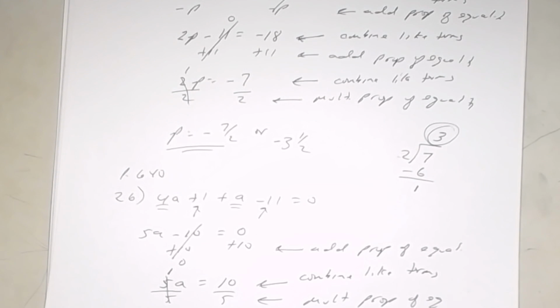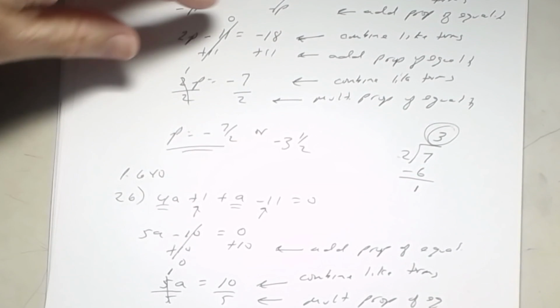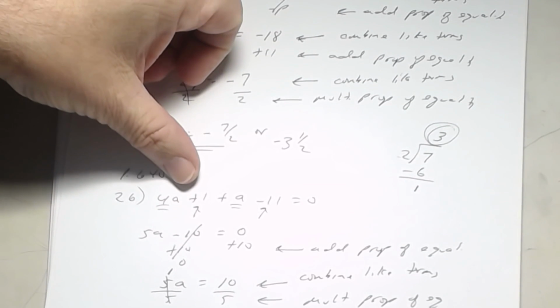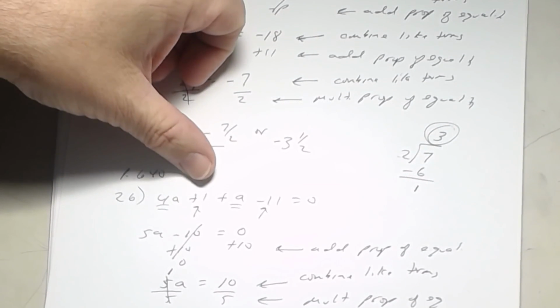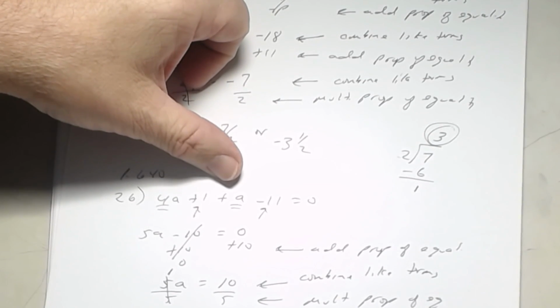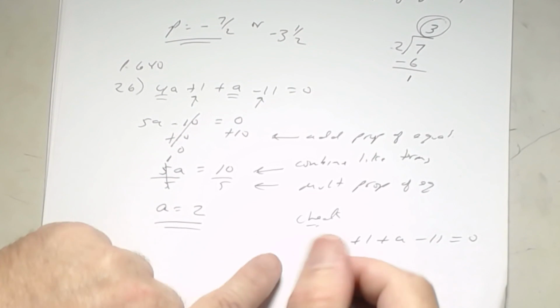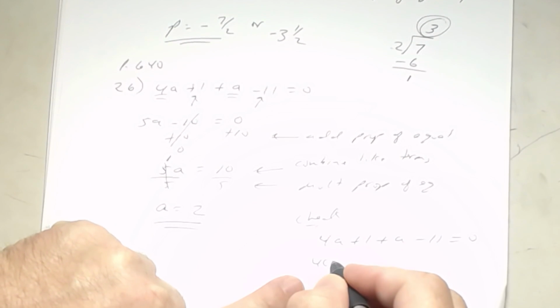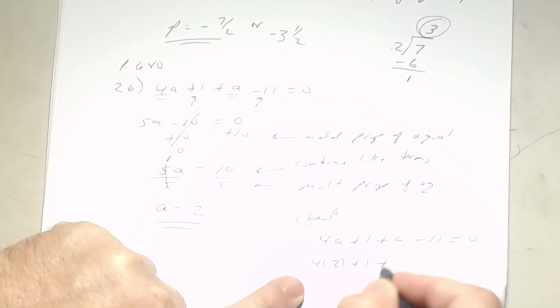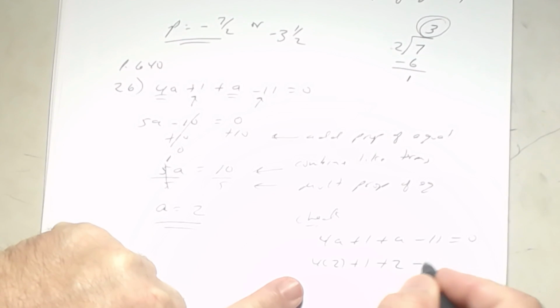And since that's an integer, let's go ahead and just check it real quick. Now, where do you check? In the original equation. So 4a plus 1 plus a minus 11 equals 0, correct? So 4 times a, and what's a? Plus 1 plus a, and what's a? Minus 11, and we'll see if that's all equal to what? 0.